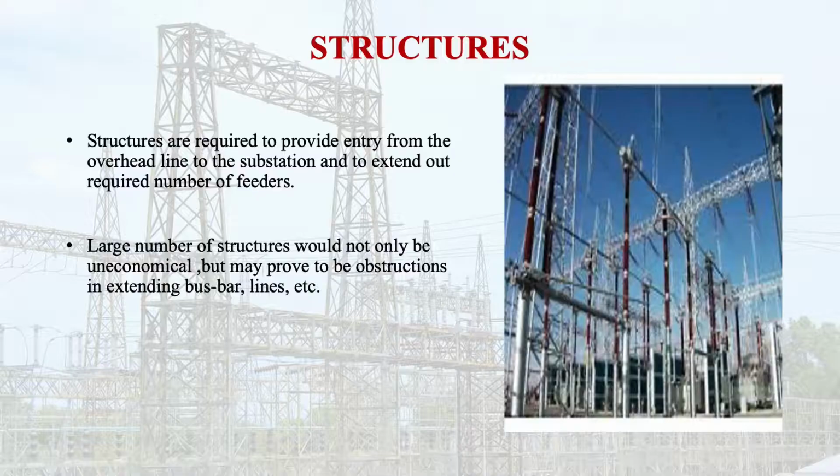The number of structures should be kept to a minimum, because a large number of structures would not only be uneconomical but give an ugly look to the substation and may prove to be obstructions in extending the bus bar and lines, and it will occupy space in the substation and make it very complicated for other equipment.